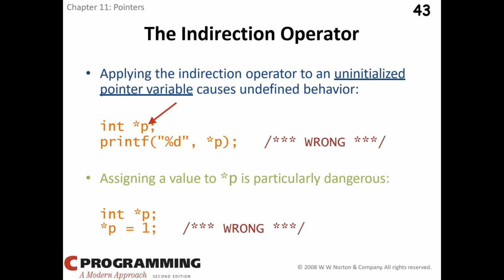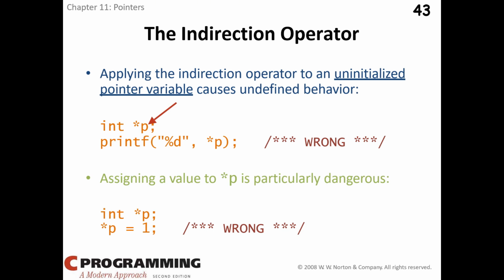And similarly, assigning a value to the object pointed to by an uninitialized pointer is also dangerous. For example, we have the code snippet here in the bottom of the slide. In this case, the pointer p attempts to assign the value 1 to the memory location pointed to by p.